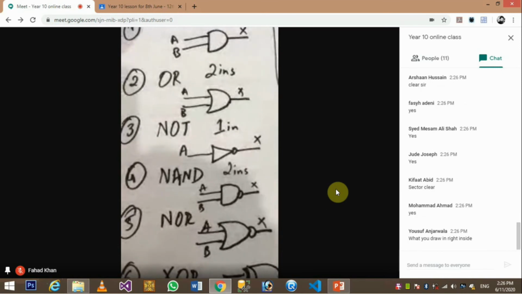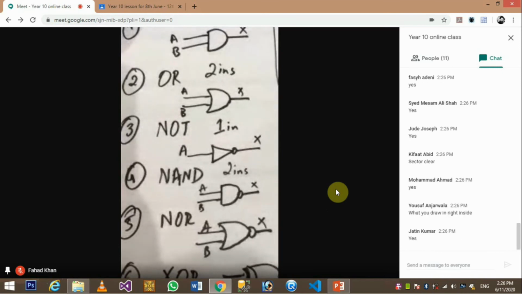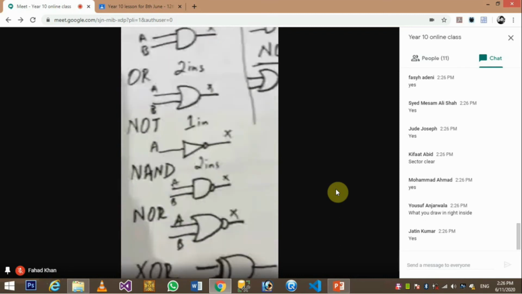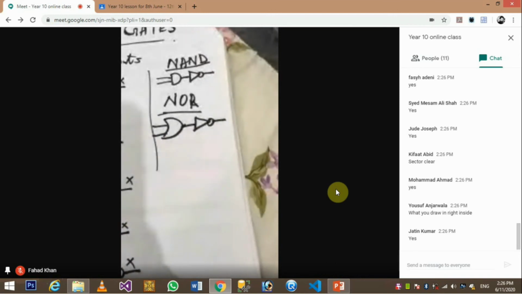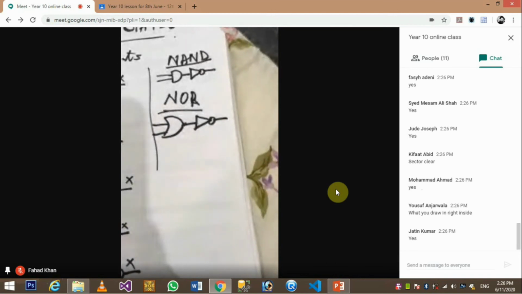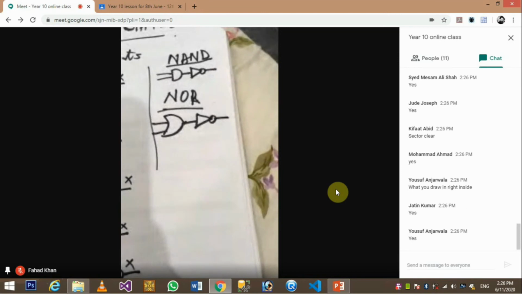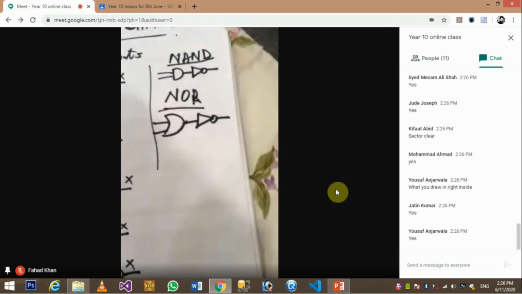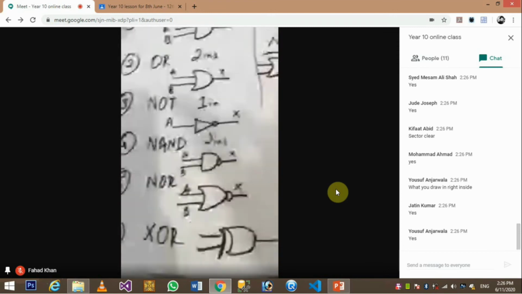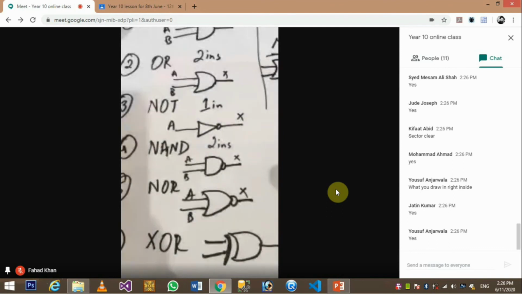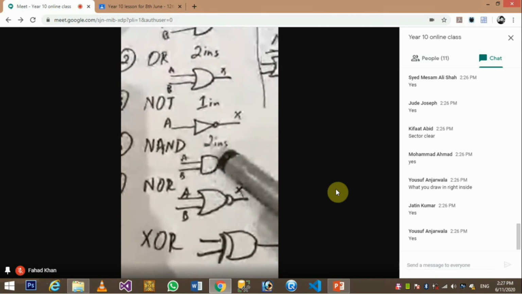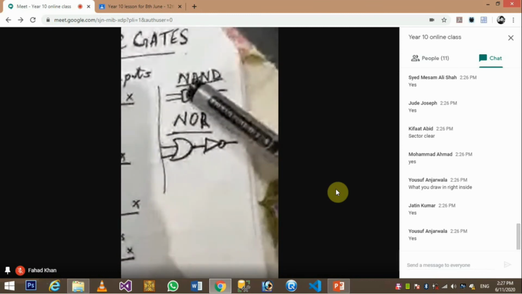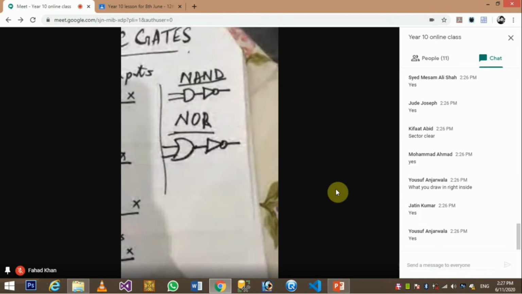All right. So now we are moving on to what you drew on the right side. Yusuf, you can unmute your mic and speak up. Okay, this is how we split the NAND gate. If you see the shape of this NAND gate, inside it you will see one AND gate, and after that one NOT gate.